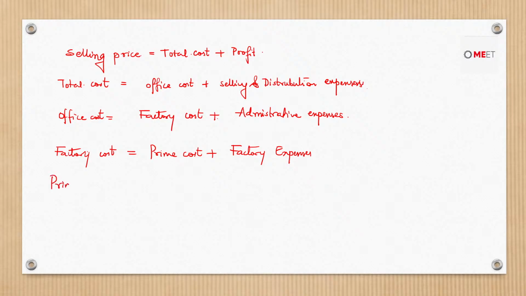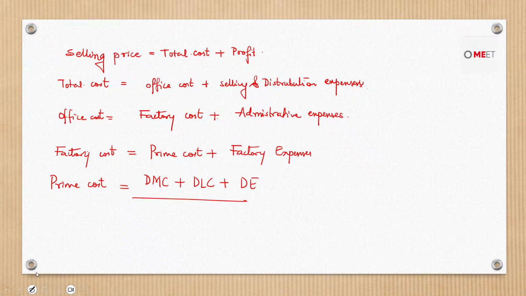And the last one is prime cost, which is the summation of all the direct cost. Direct cost could be direct material cost plus direct labor cost plus direct expenses. So please remember this hierarchy.